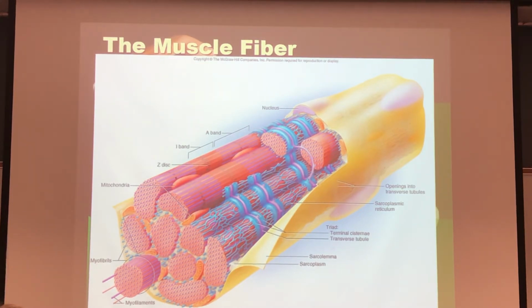Glycogen is like the storage tank for glucose. So if we don't have glycogen or glucose, and if we don't have oxygen, and if we don't have ATP, we're not gonna get muscles to contract. So it makes sense that all three of those are found within the sarcoplasm.